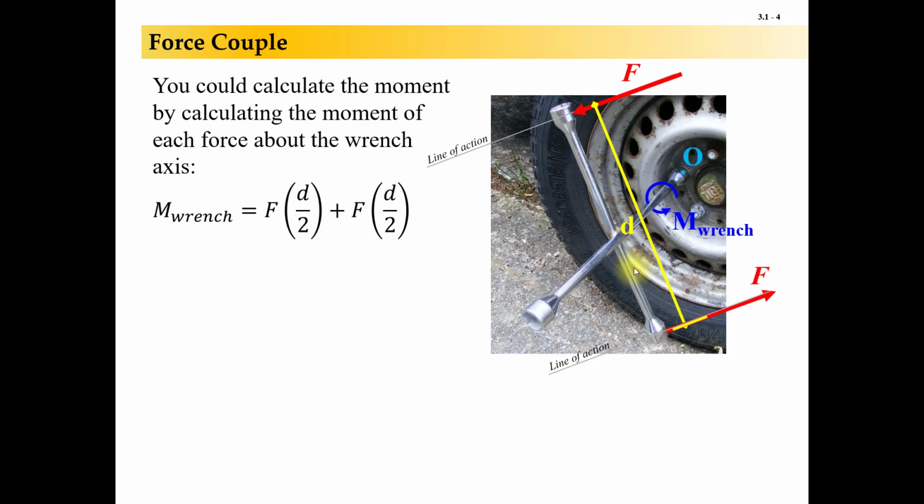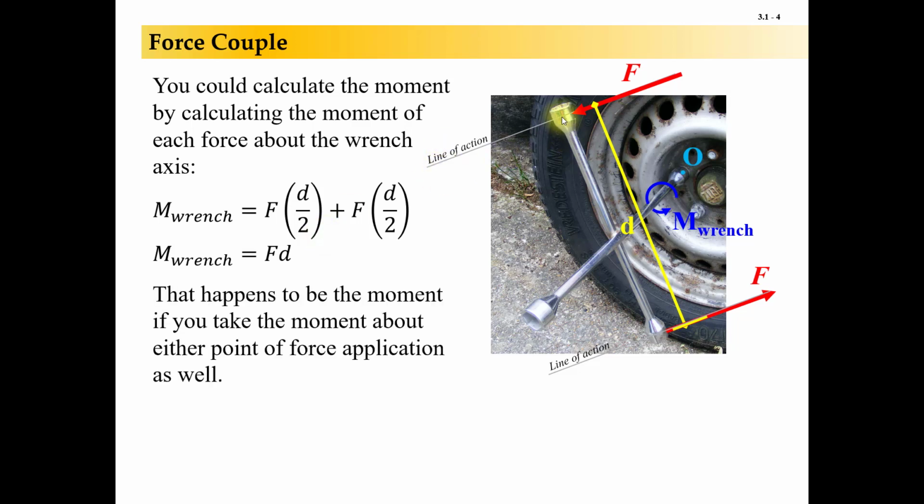And that would be counterclockwise, so positive. And then this force down here times d over 2. And it would also be a positive moment because it's also wanting to twist this counterclockwise. You add those two things together and you get this moment to be F times d.